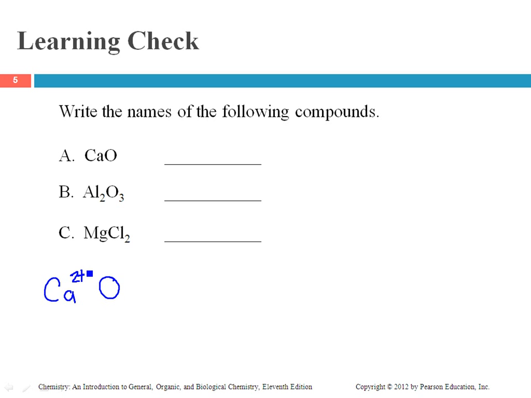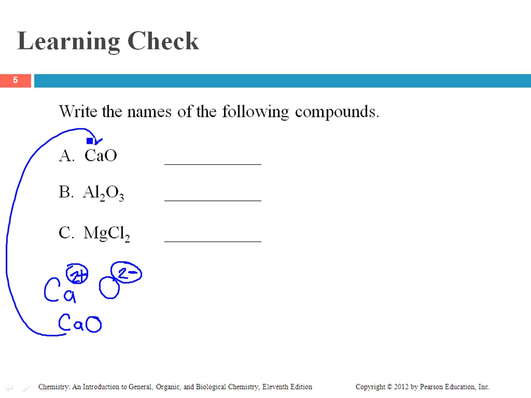Oxygen is in group 6, so it has a 2- charge because it needs to gain 2 electrons to be like the nearest noble gas. And so these charges already cancel here. They already become 0. Plus 2 minus 2 equals 0. Therefore, we just need 1 of each atom. So that's how we came up with the formula that was given to you.